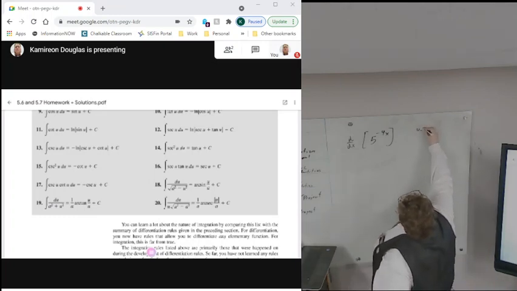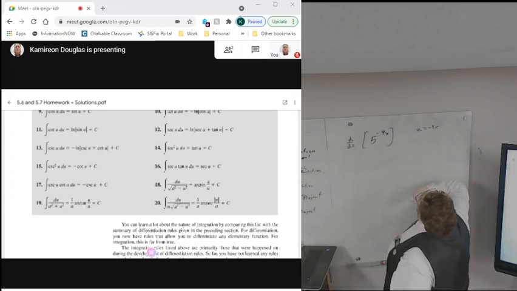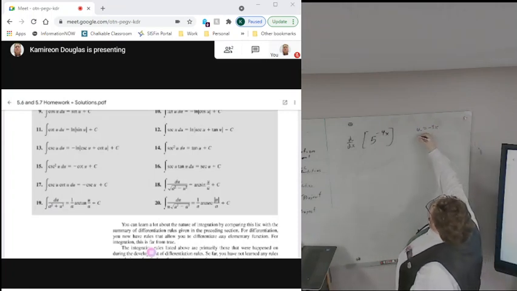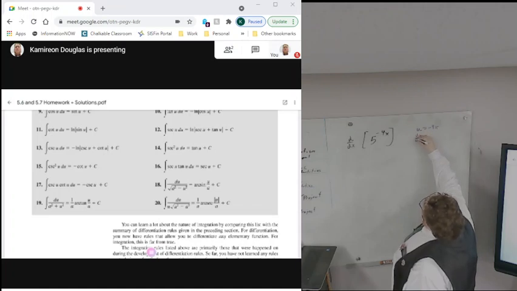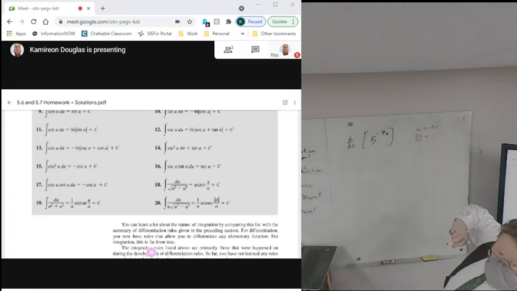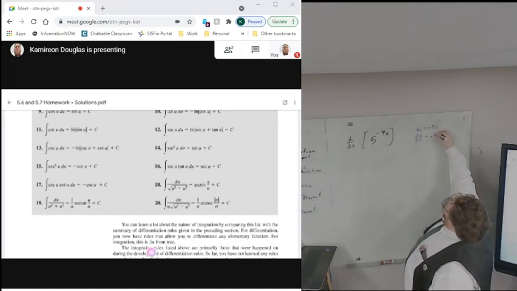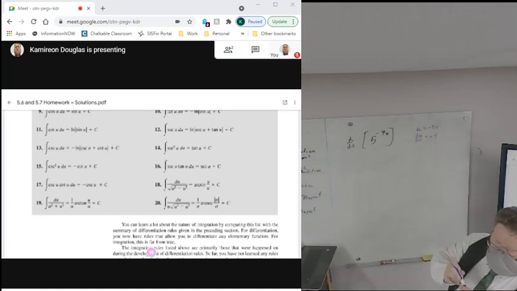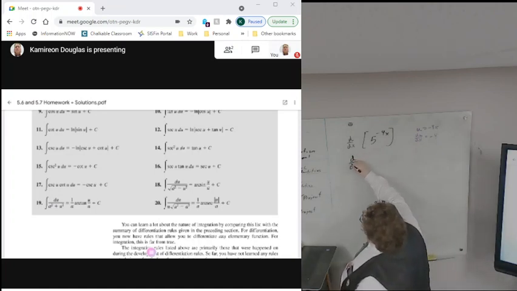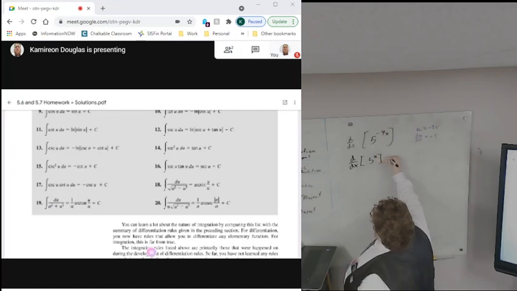Well, my u is going to be negative 4x. So that means my du, or the derivative with respect to x, which we also call u prime sometimes, the derivative of negative 4x would be negative 4. The question becomes, what is the derivative with respect to x of 5 to the u power?